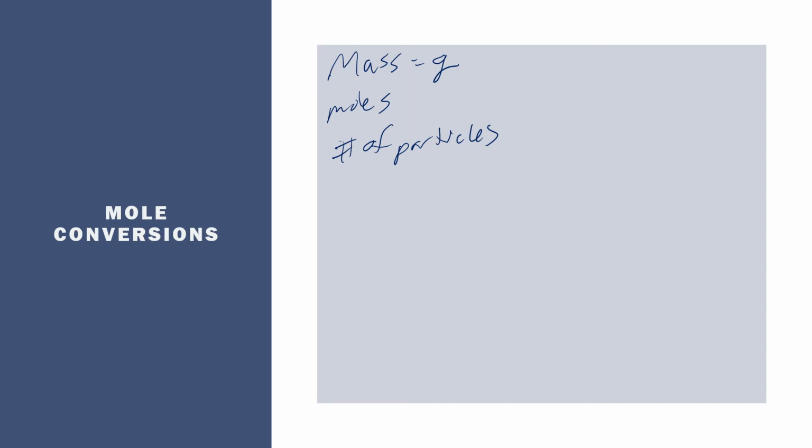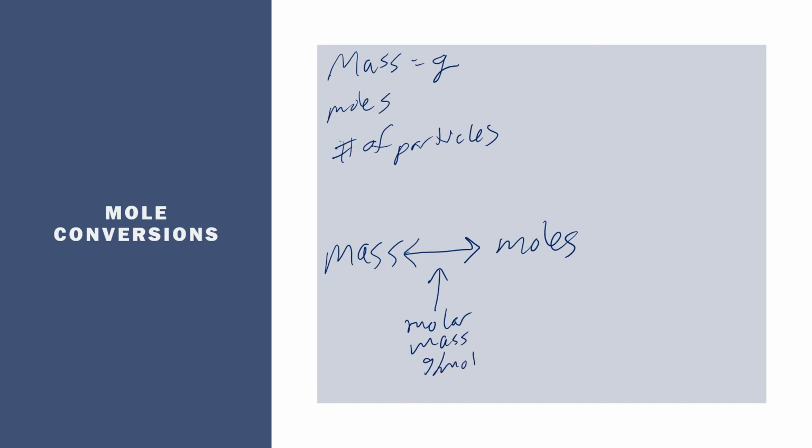So your strategy with mole conversions is, if you have mass, you can get from mass to moles using the molar mass, which is in grams per mole. Notice how both of those units, grams and moles, are in the molar mass.